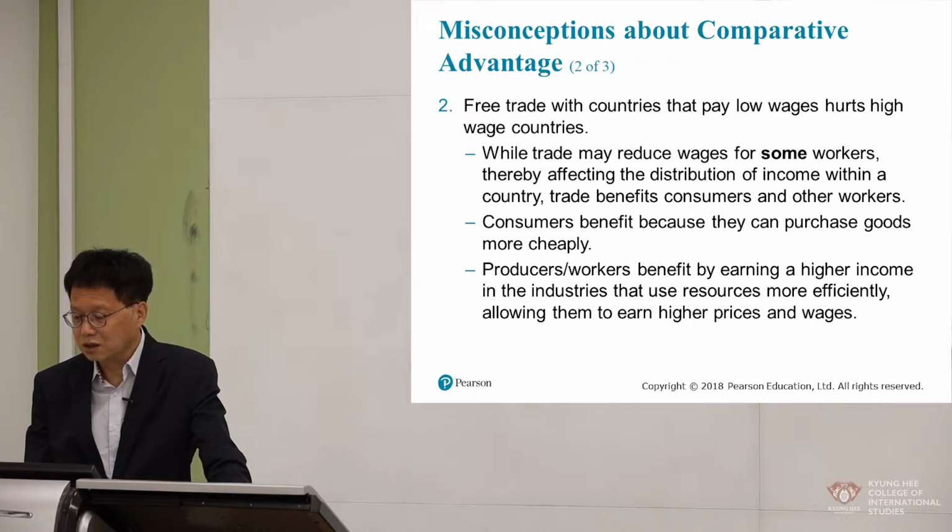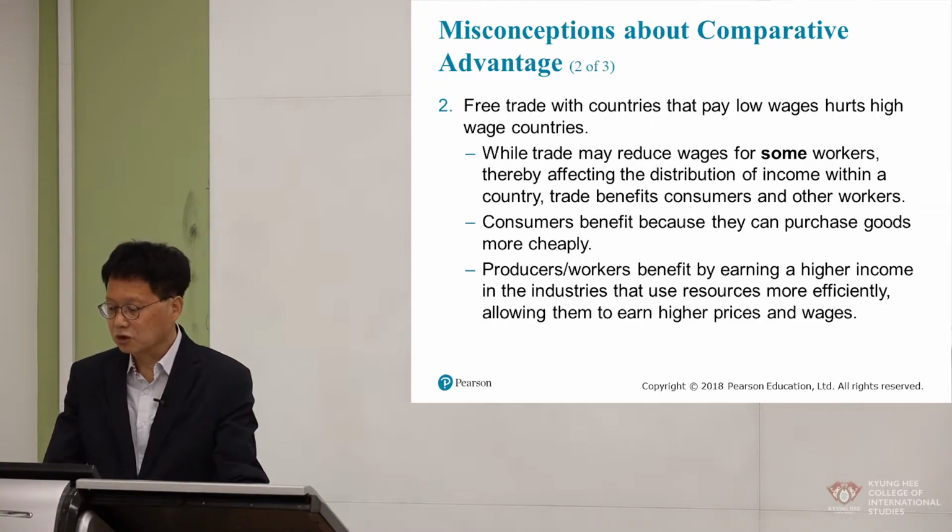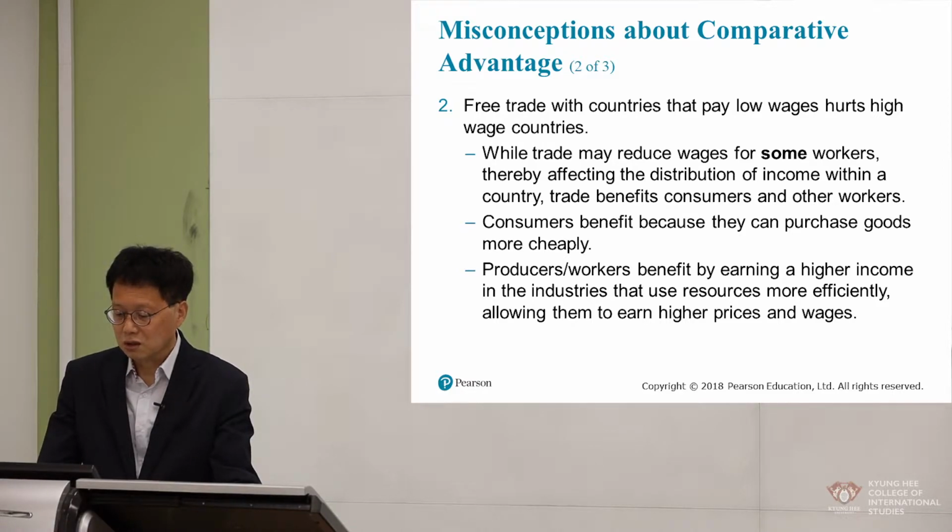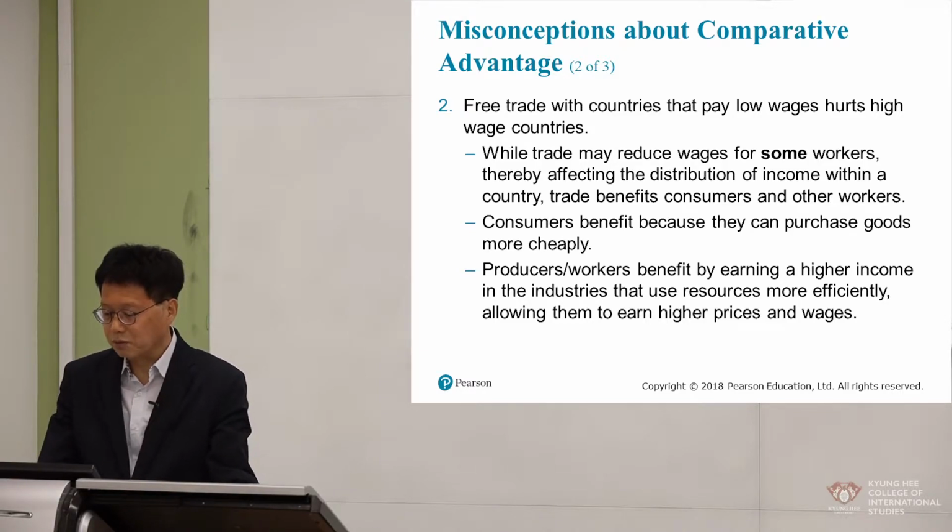And the wage rate in the comparative advantage sector definitely increases. Consumers benefit because they can purchase goods more cheaply, importing goods at a lower price than domestically produced ones. Okay? And producers and workers benefit by earning a higher income in the industries that use factors more efficiently, allowing them to earn higher prices and wages.